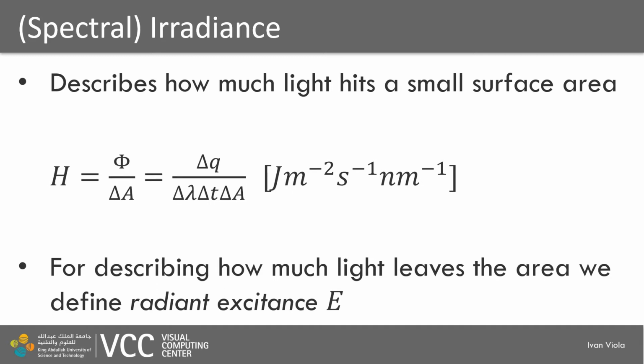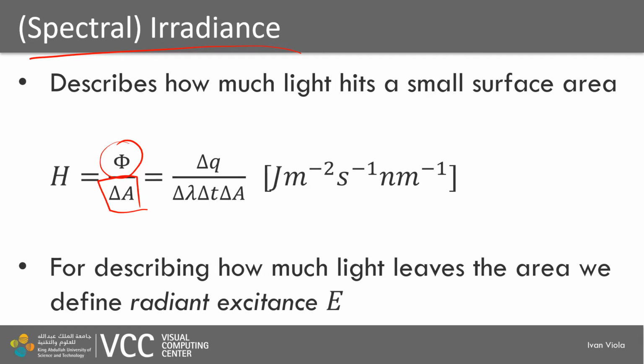The next quantity we will be describing is the spectral irradiance. Irradiance is a quantity which defines how much light hits a small surface area. It measures how much light has been concentrated on a small patch of a surface. It can be defined as the power divided by that certain area.